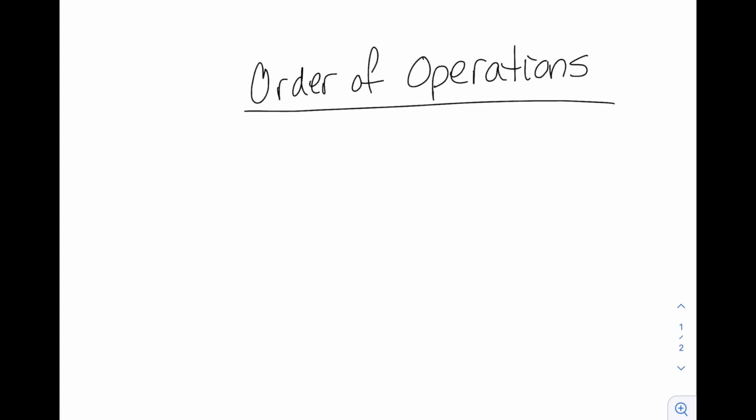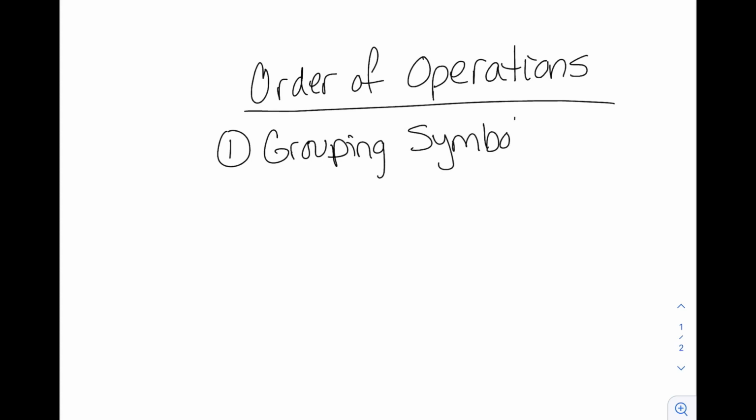There's 4 steps to order of operations. Step 1 is grouping symbols. Grouping symbols include many things. Grouping symbols are what we learn in elementary as parentheses, but they're also brackets. They are the square root symbol, what's inside of those.